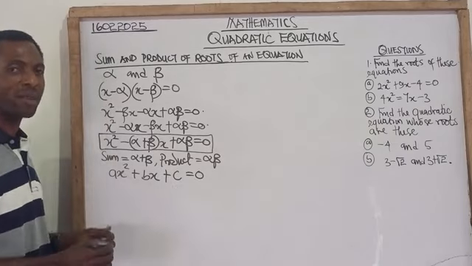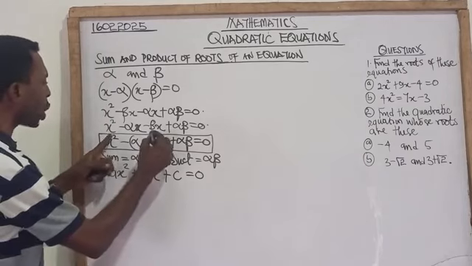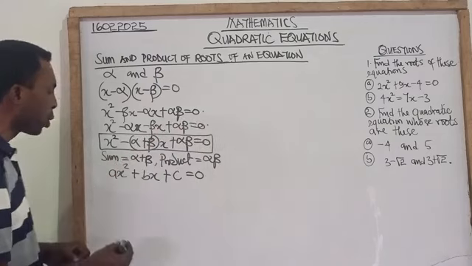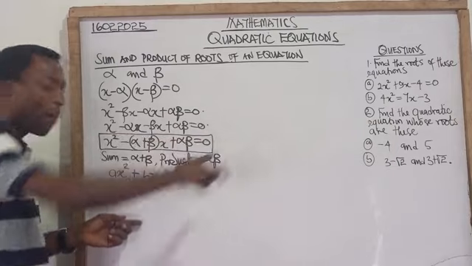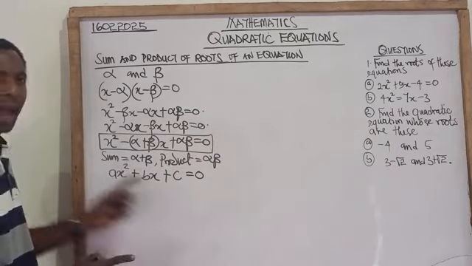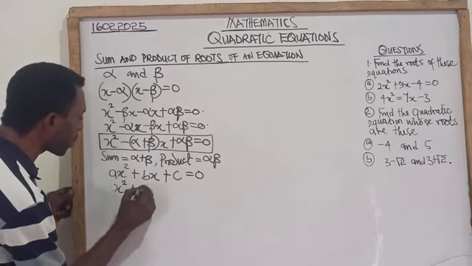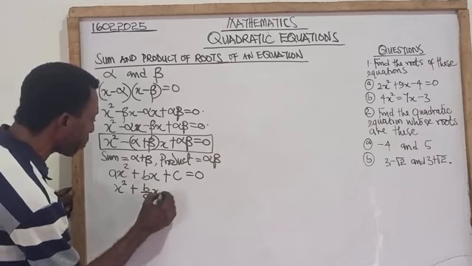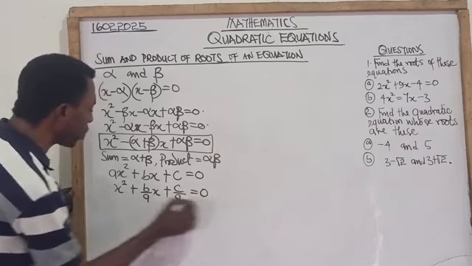Now, the next thing I want to do is this. If you look at this, this portion is talking about the sum, while this portion is talking about the product. So we divide through by the coefficient of x squared, and that means we'll have x squared plus b over a x plus c over a equals 0.